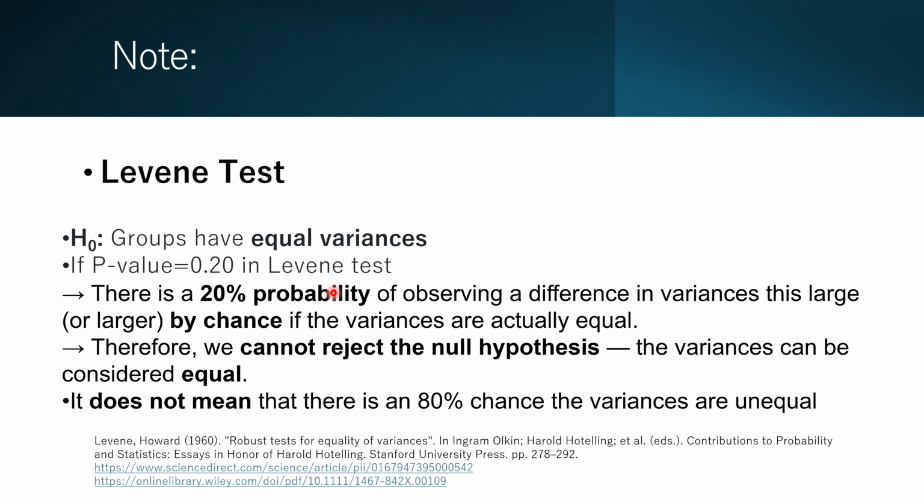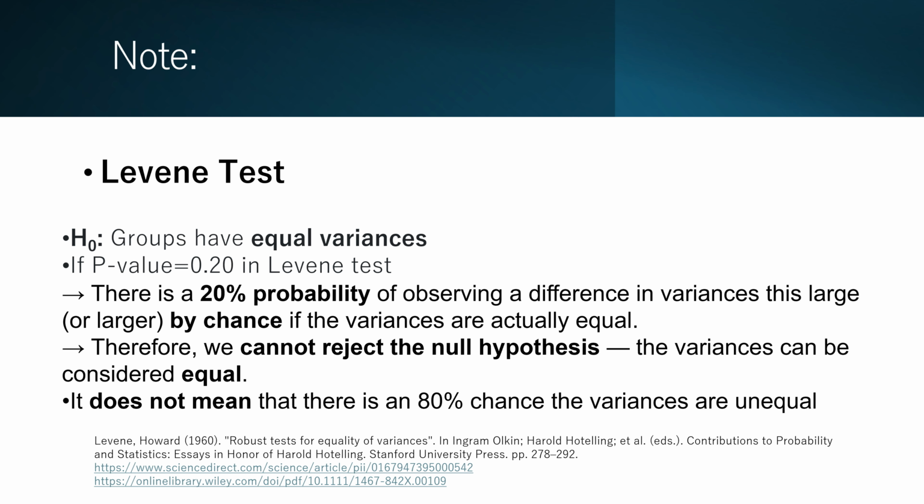The variances can be considered equal. However, this doesn't mean there is an 80% chance they are unequal. It simply means that the data do not provide enough evidence to claim a difference.